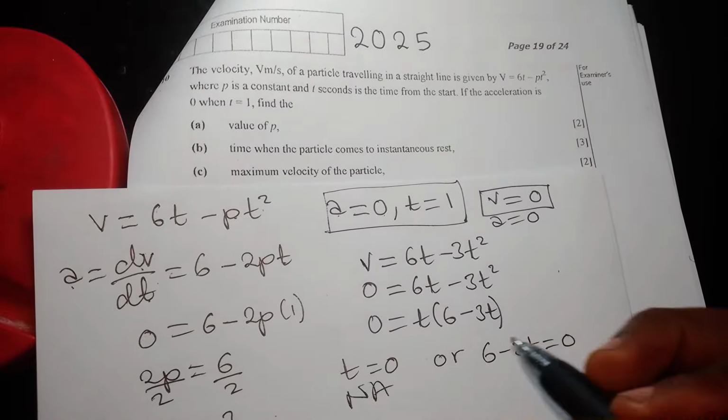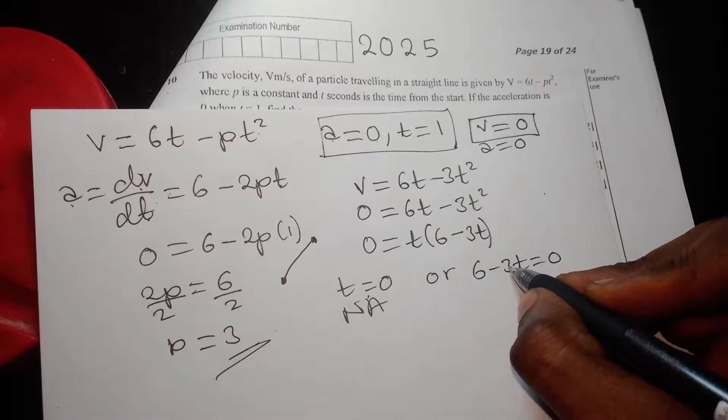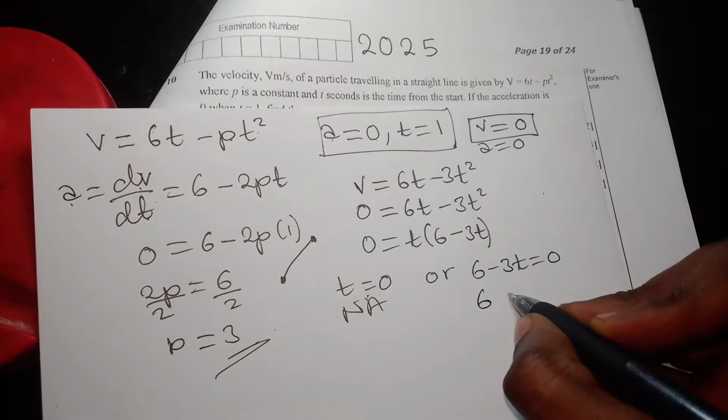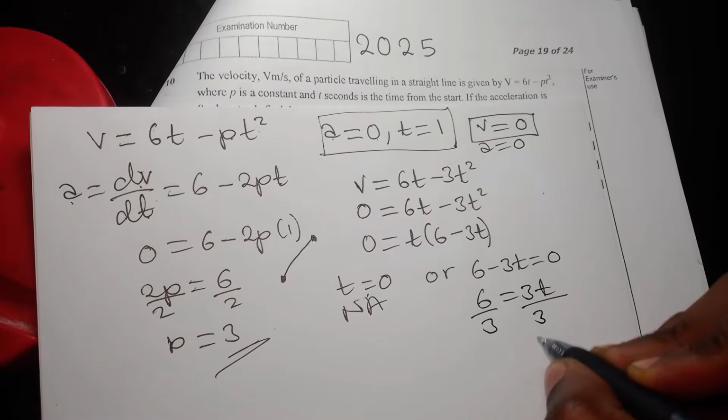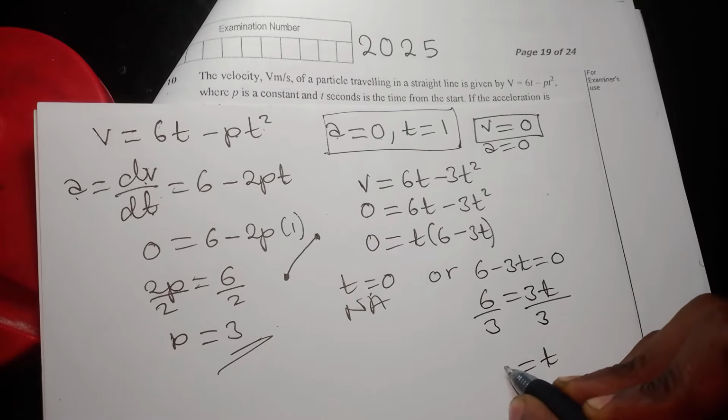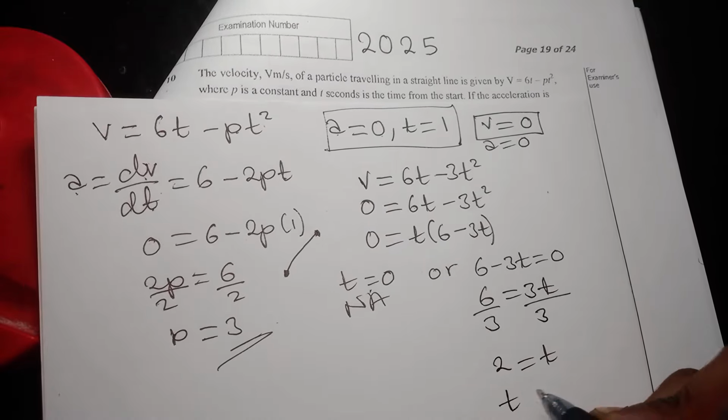It started off from rest, then it started moving, and then at one point it stopped. So now we want to find that time when the object came to rest. So now to solve for t, you can just take your t to the other side, and then t is equal to 2 seconds. And we're done with part b.